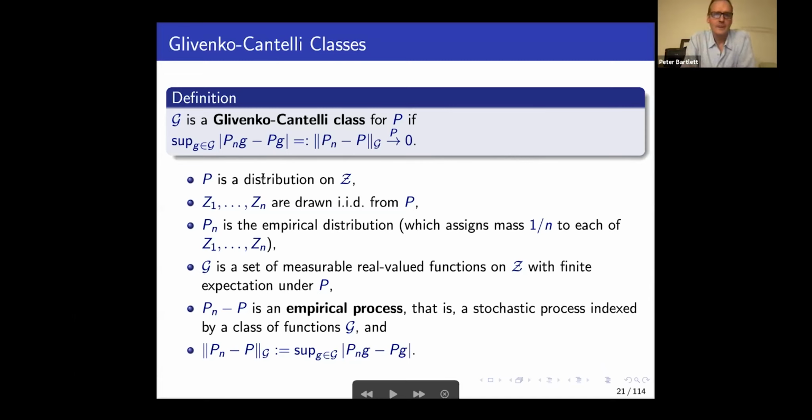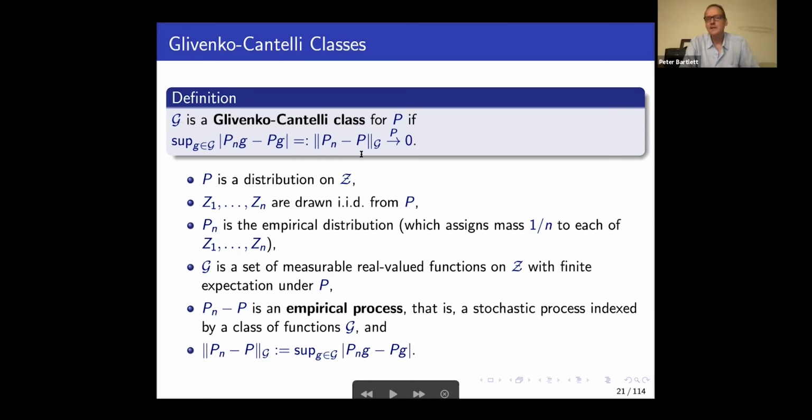say something stronger. Okay, so just to go through, make sure we're on the same page with this notation and what we mean. P here is a distribution on the space Z. So we have our random variables Z1 to Zn that are drawn IID from this probability distribution P. Pn is the empirical distribution, the one that assigns mass 1 over n to each of those points in our sample. We've got this class G of real valued functions on Z. And we're interested in this class.